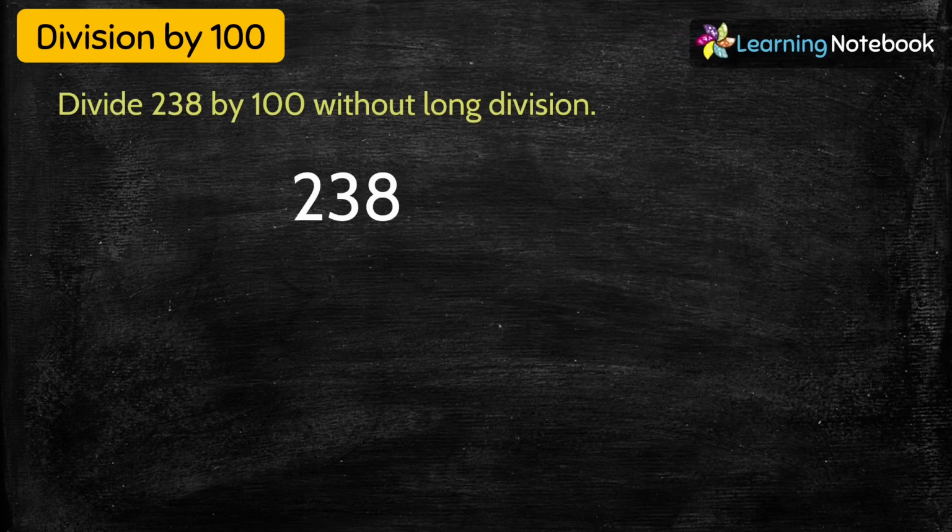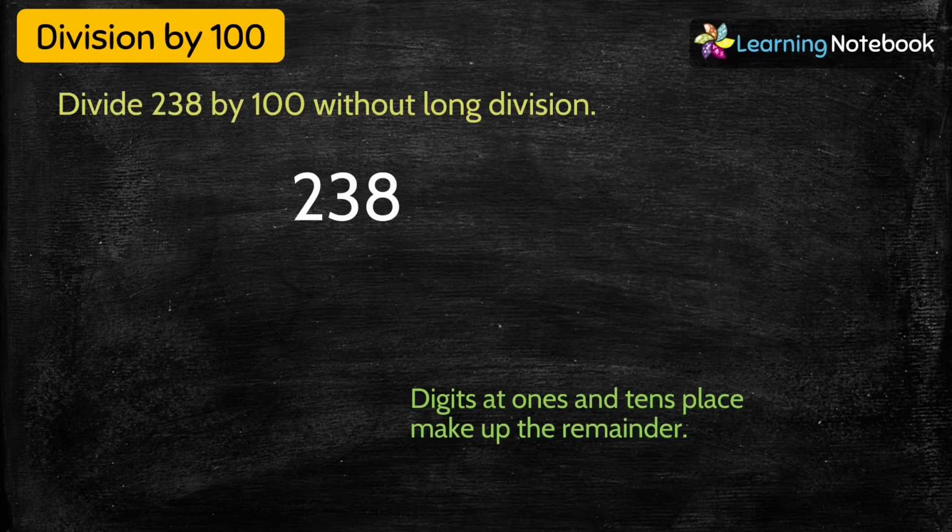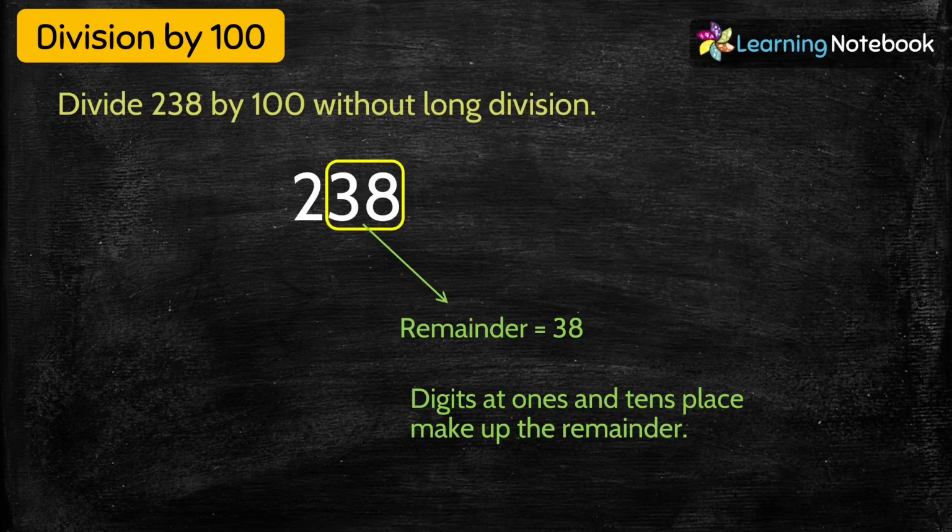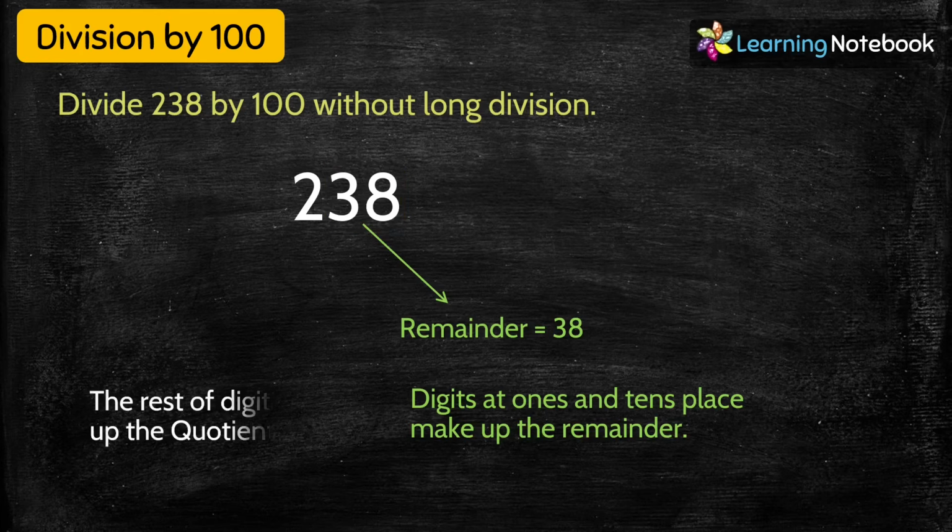So we will take 2 digits, that is digits at ones and tens place. They will make up the remainder. So here the digits at ones and tens place are 38. So 38 is the remainder here. And the rest of the digits make up the quotient. So 2 is the quotient here.